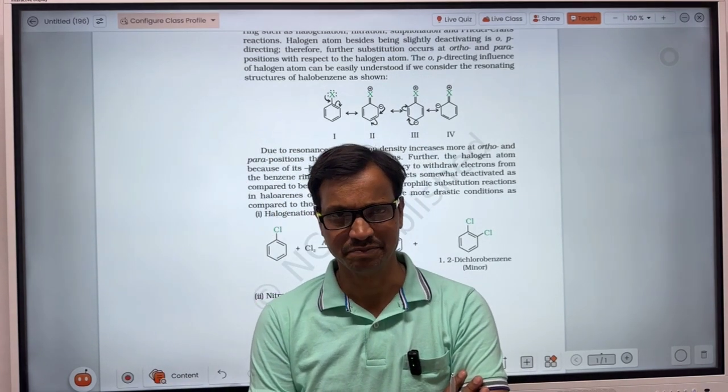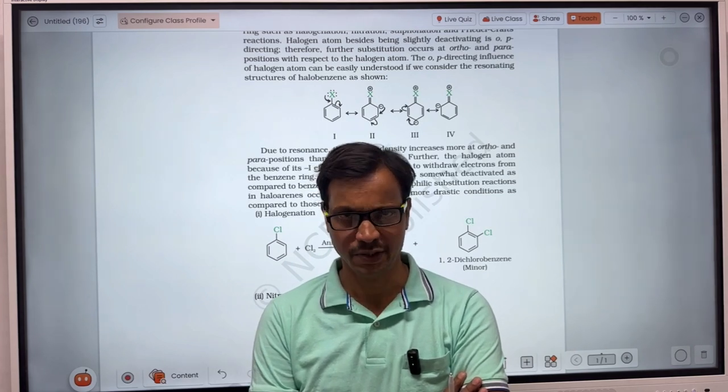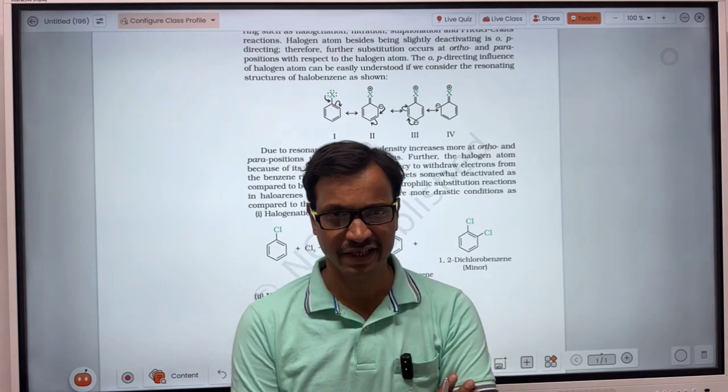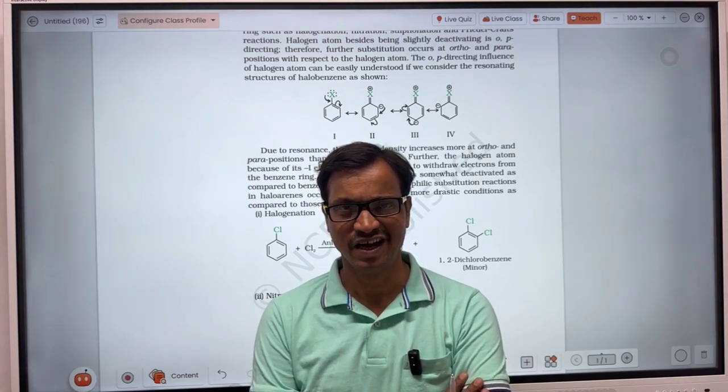Nucleophilic substitution reaction means the nucleophile replaces the halogen, and in electrophilic substitution reaction, the electrophile will substitute the hydrogen.